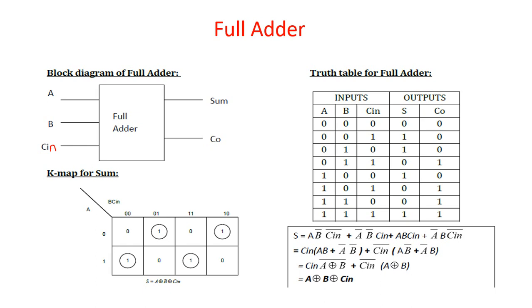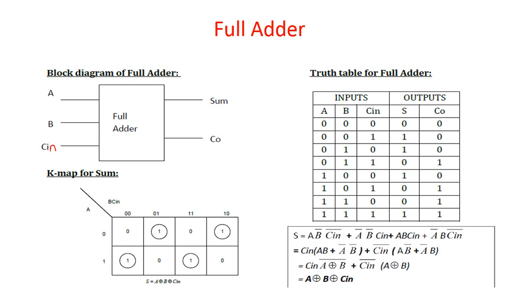So 2 to the power 3 equals 8 combinations. The inputs start from 0, 0, 0 up to 1, 1, 1, so totally 8 combinations.